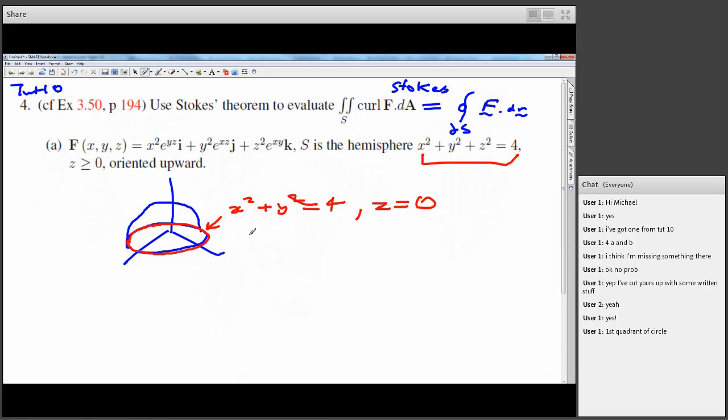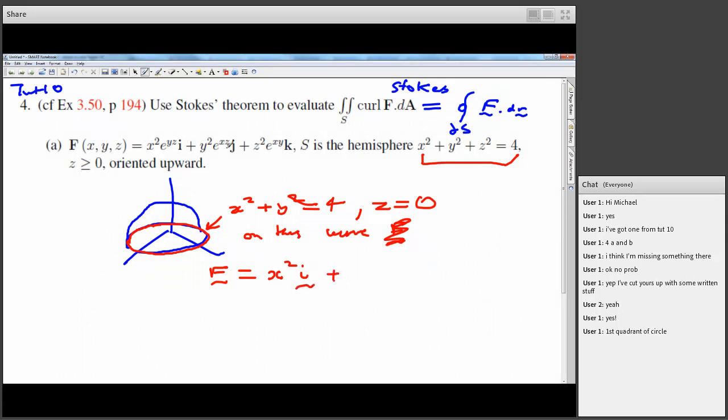So on this curve, what's F going to be? If you look at this vector field, it's complicated, it's got lots of terms, but you notice that there are lots of z terms. When z equals 0, the first term just becomes x squared i.